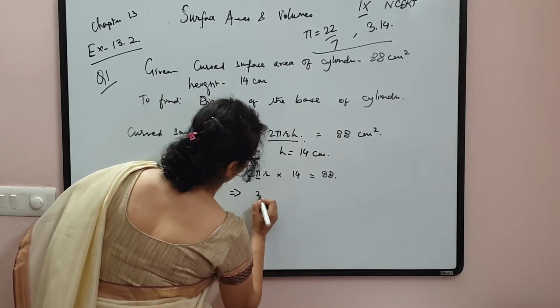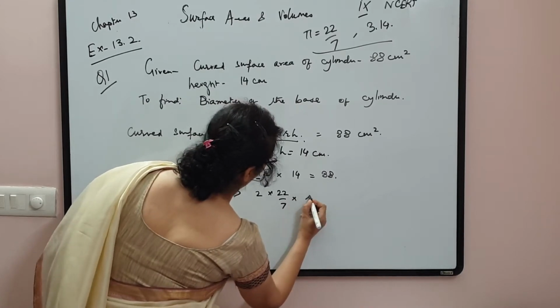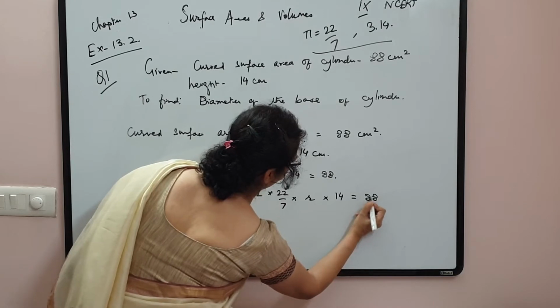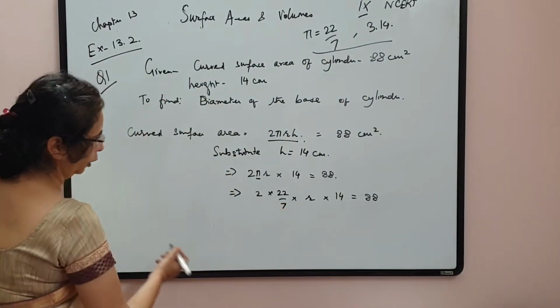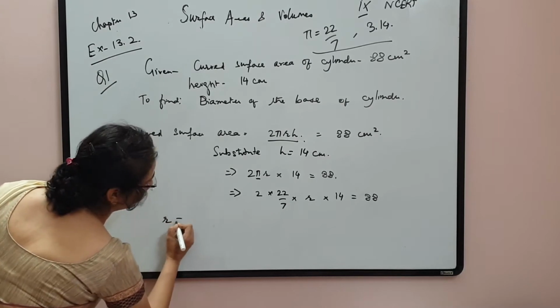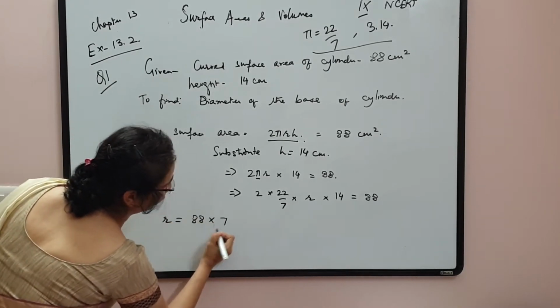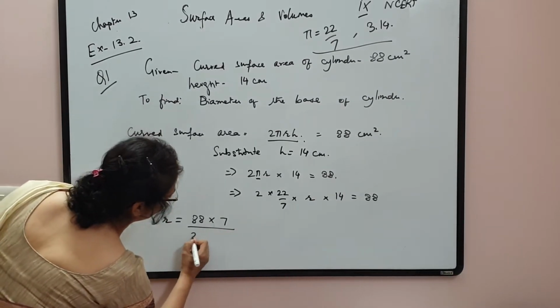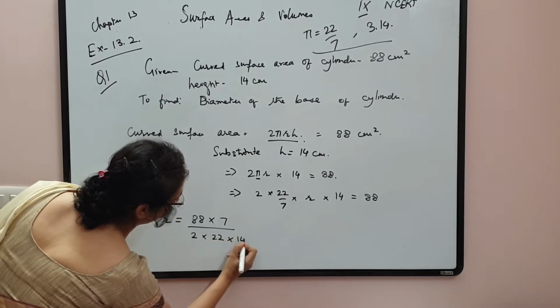So this implies 2 into 22 by 7 into r into 14 is equal to 88. Let us solve this for r, children. How do you solve this? R is equal to 88 into 7, you take it that side, divided by 2 into 22 into 14.